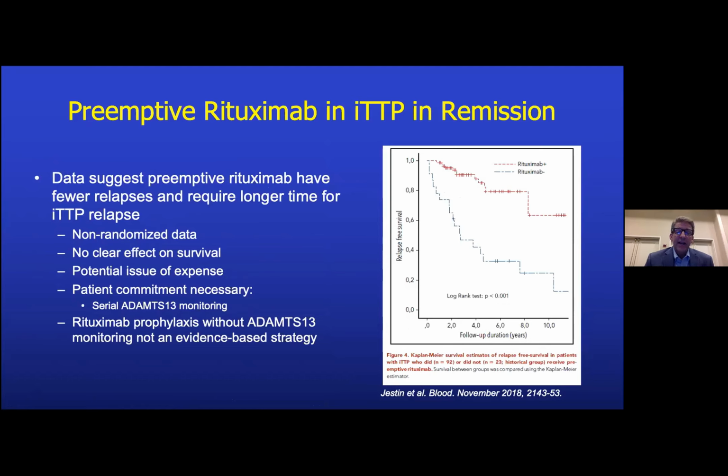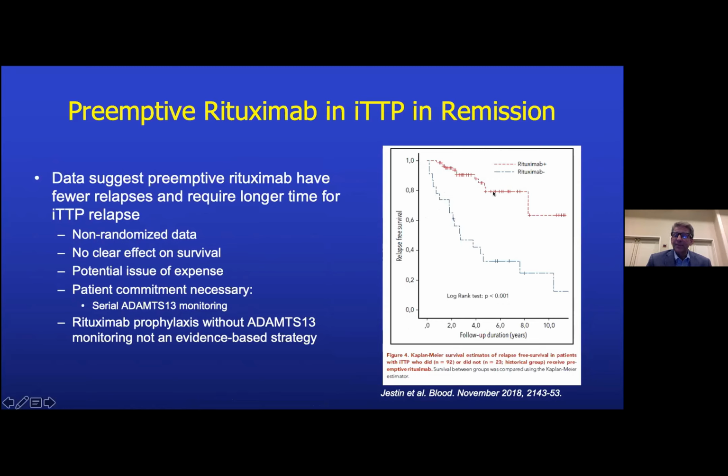And these are data where patients in remission, this is from Jestin et al., the French TMA or French TTP group led by Paul Coppo, who's done a lot of excellent work with rituximab. These are data looking at relapse-free survival, on this panel on the left. People who are relapsing are dropping down lower.